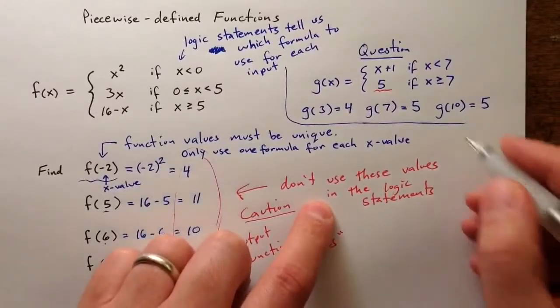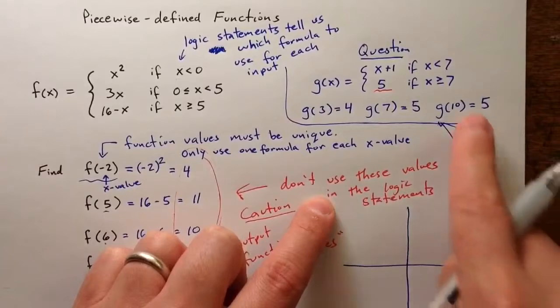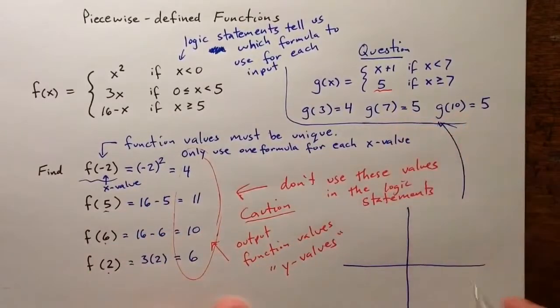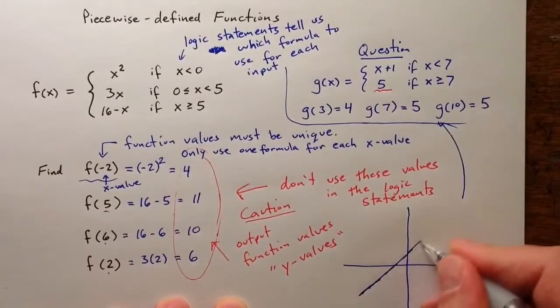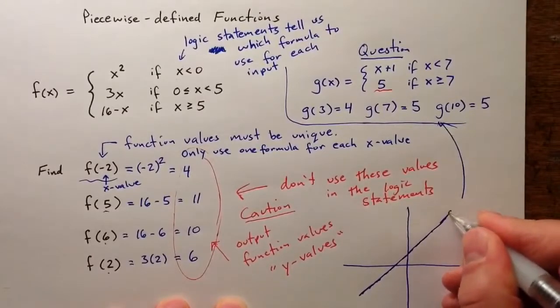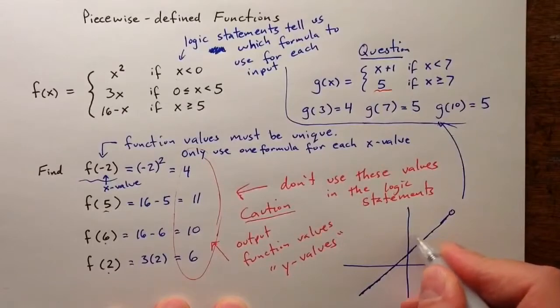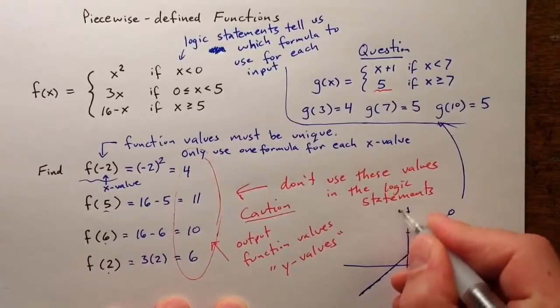The graph of the g of x function, just to explain those second two function values, is going to be the line y equals x plus 1 up until 7. The value at 7, though, belongs down slightly lower, so this value would be up at 8.